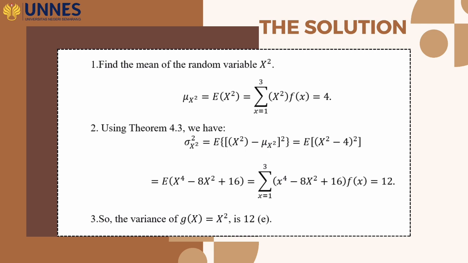After calculating, we have 12. So the variance of g(X) equal to X squared is 12.